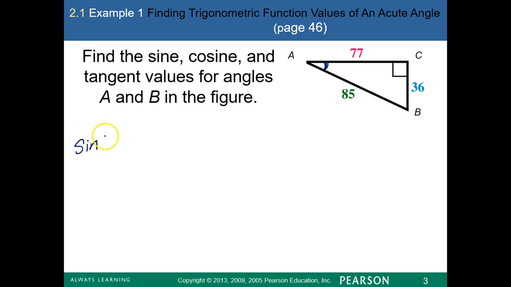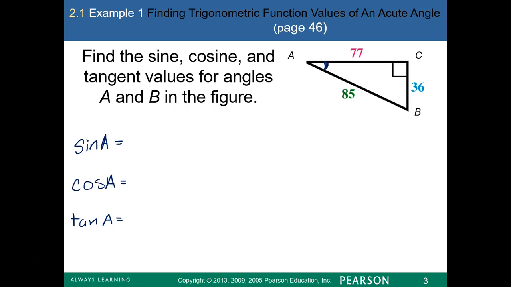So sine of A, we're going to find the value for that. Cosine of A, again, let's find that. And tangent of A. Okay, so why it matters so much here on focusing on one angle at a time is so you don't get your opposite and adjacent sides mixed around.